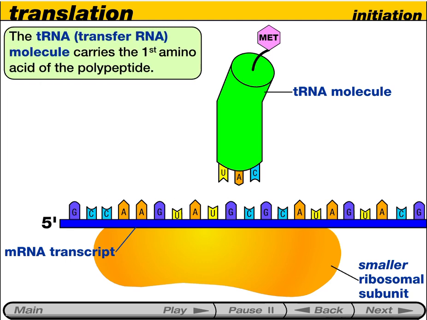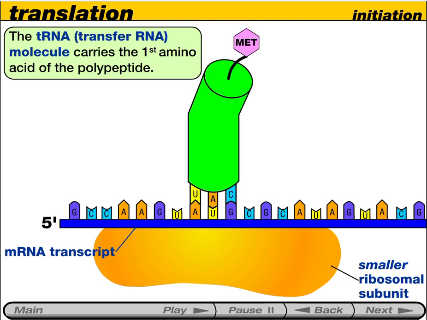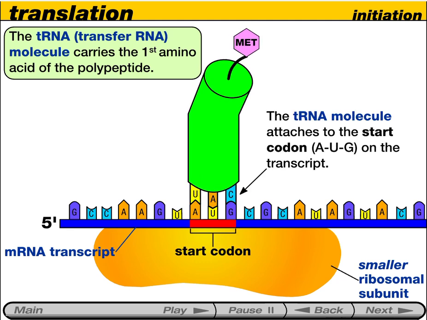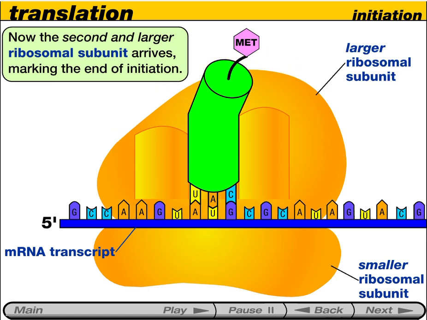The tRNA, or transfer RNA, molecule carries the first amino acid of the polypeptide. The tRNA molecule attaches to the start codon AUG on the transcript. Now the second and larger ribosomal subunit arrives, marking the end of initiation.